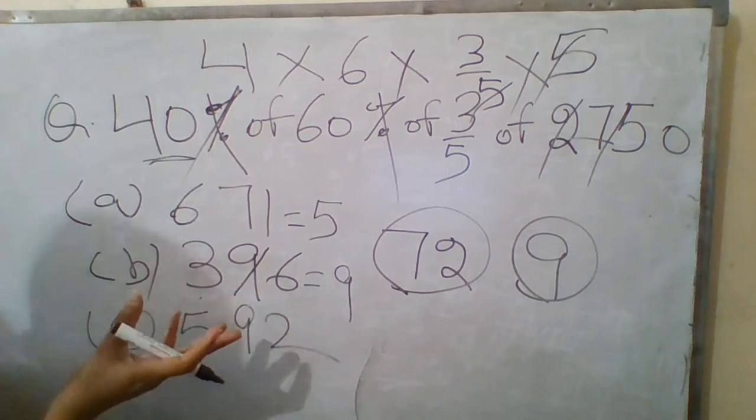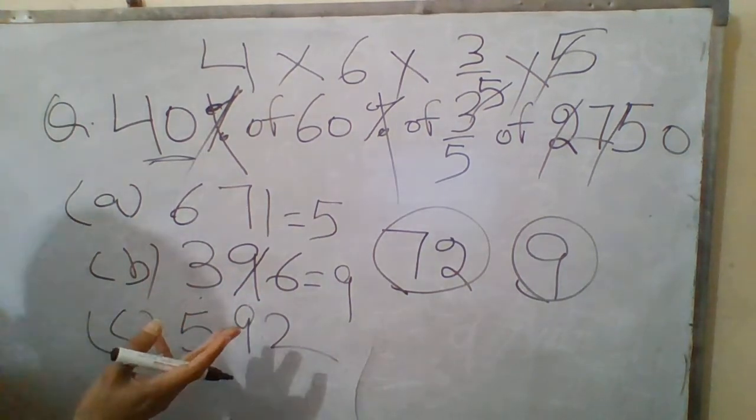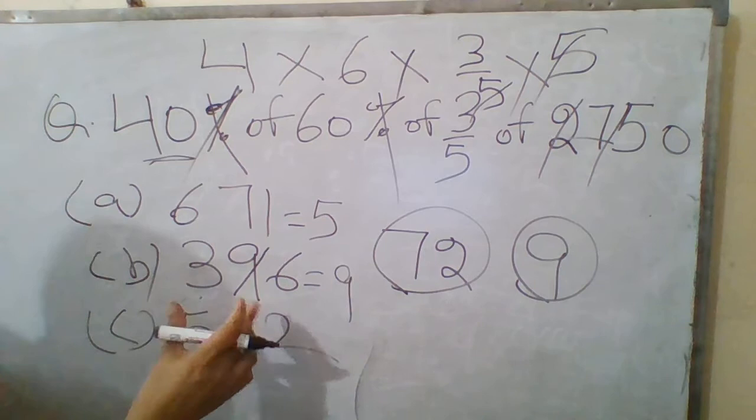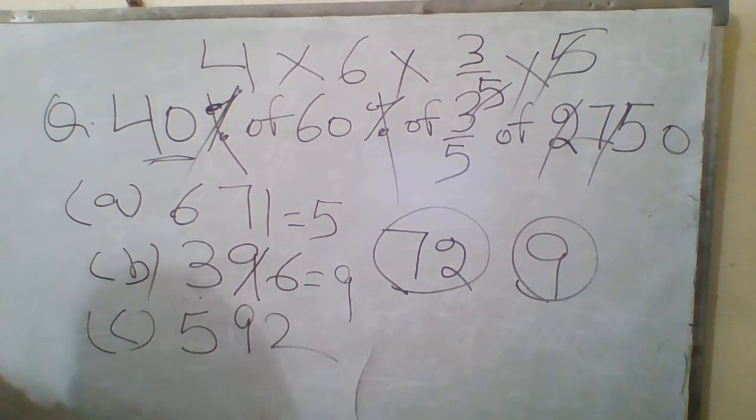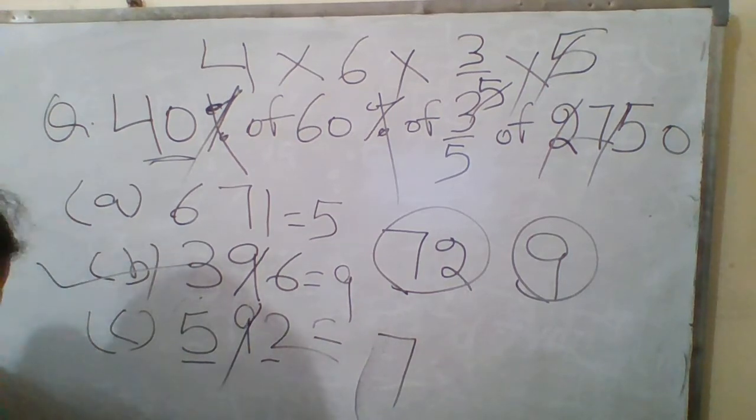You are adding these digits. If you are doing the addition, cut here 9 and here you are getting this 9. Now 9 you have to cut here, 5 plus 2 is equal to 7. So where are you getting this digital root 9? In this B option you are getting this digital root 9.